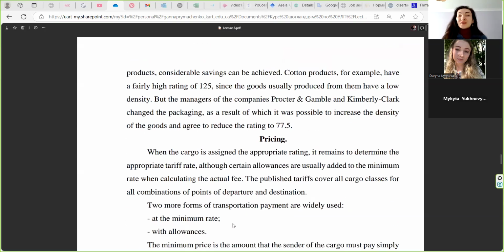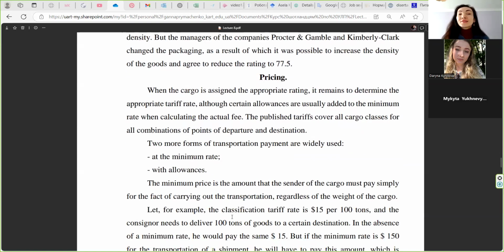So, pricing. When the cargo is assigned the appropriate rating, it determines the appropriate tariff rate. Also, certain allowances are usually added to the minimum rate when calculating the actual fee. The published tariffs cover all cargo classes for all combinations of points of departure and destination.